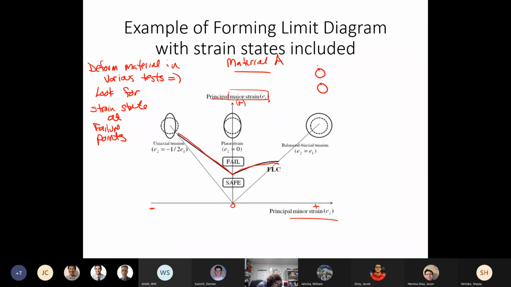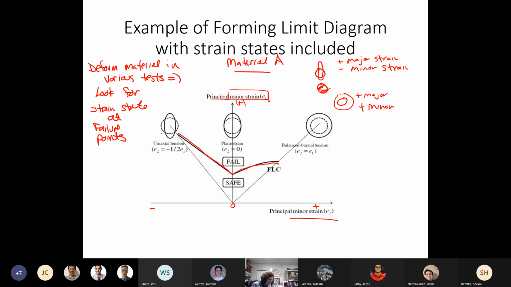Okay, so if we end up with a circle that goes like that, here we have a positive major strain and a negative minor strain. And if we have something that goes like this, here we have a positive major and a positive minor.